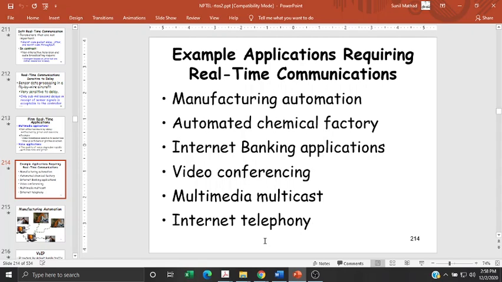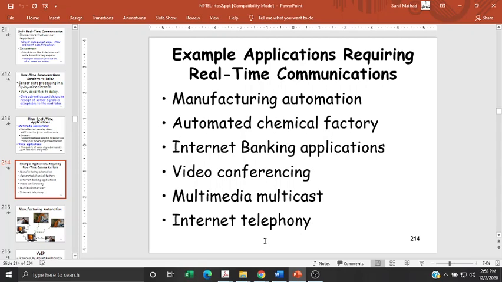So, examples of applications requiring real-time communications. Manufacturing and automation. Most often, if you can imagine an iron furnace, within some 10 milliseconds or 10 seconds the furnace is reaching 1500 degrees centigrade, and the heater should be turned off immediately whenever you note that the thermistor senses 1500 degrees centigrade, otherwise the furnace may blast.